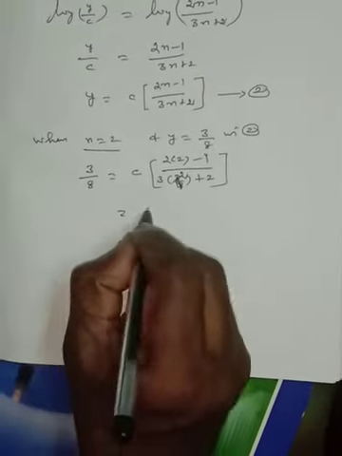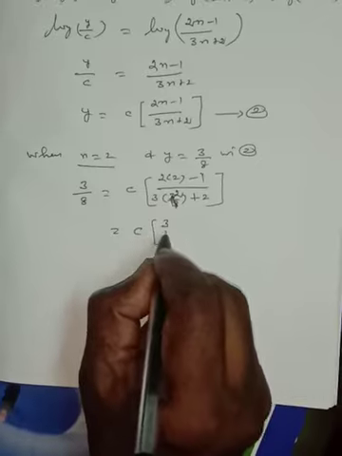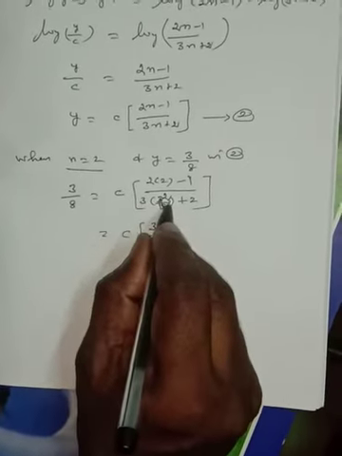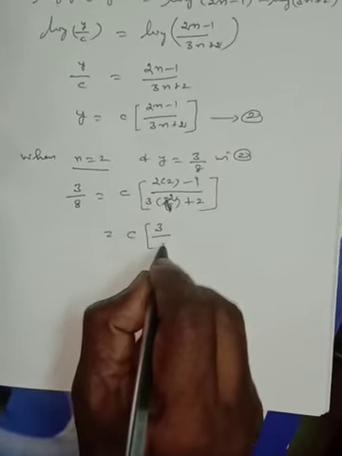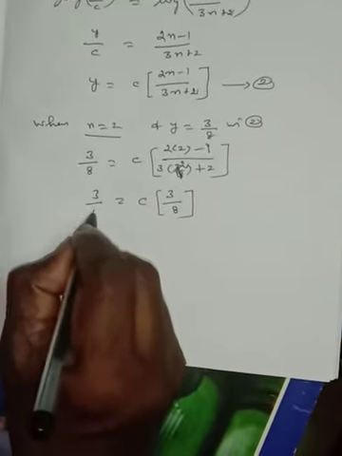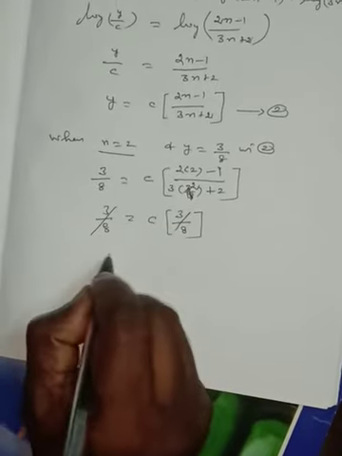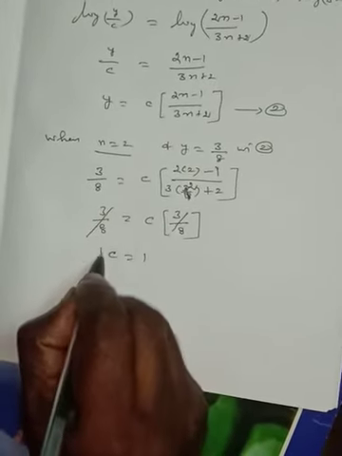So 3 by 8 is equal to c into 4 minus 1, which is 3, divided by 3 twos are 6 plus 2 is 8. 3 by 8 is equal to c into 3 by 8. These two cancel. So c is equal to 1.